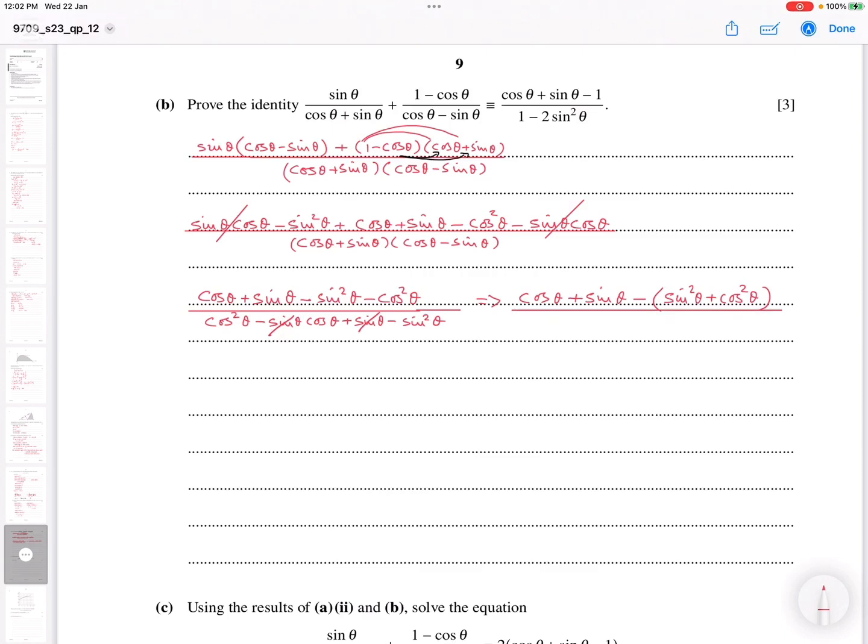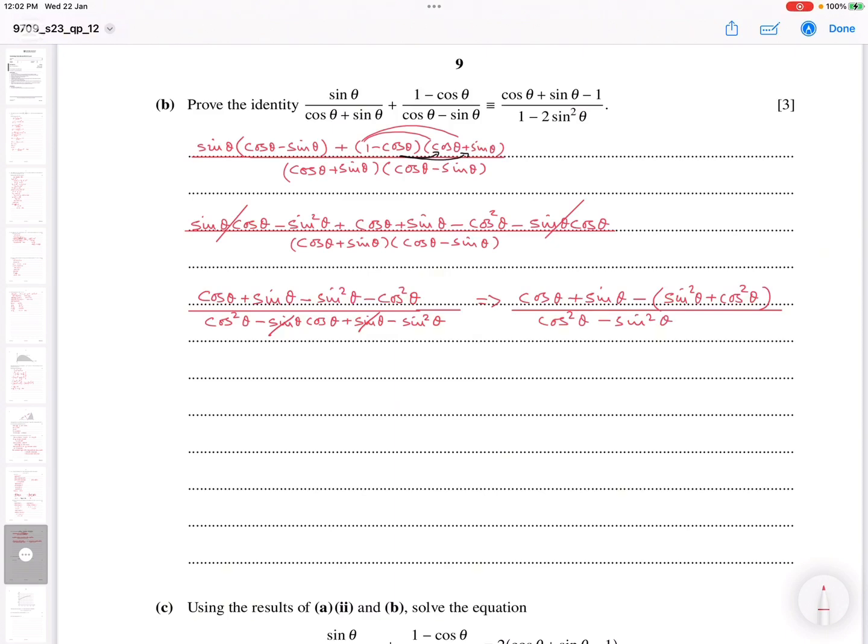So this is cos square theta minus sine square theta.